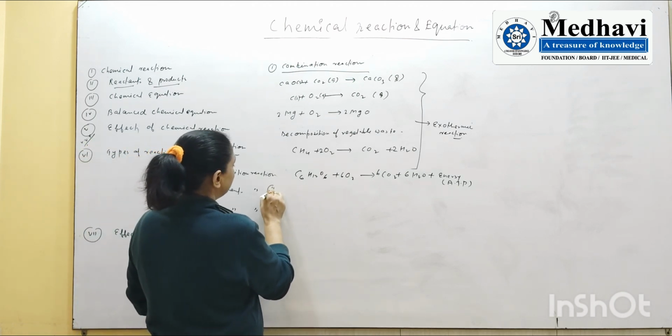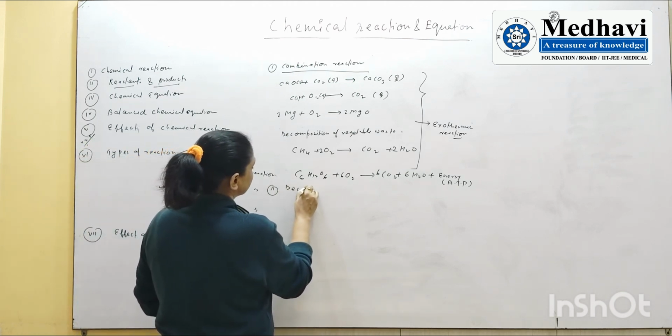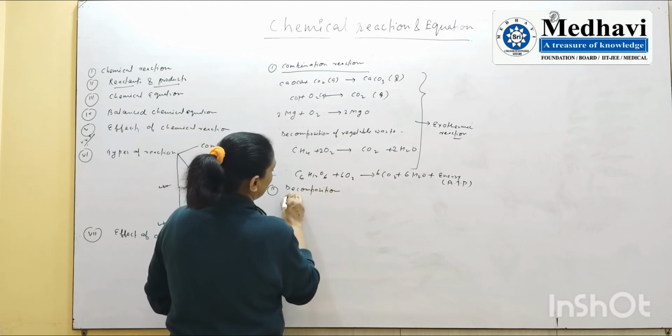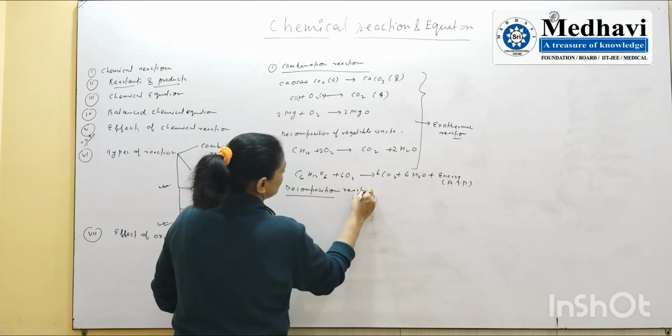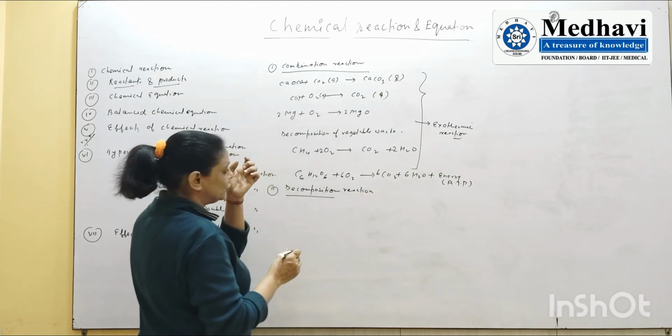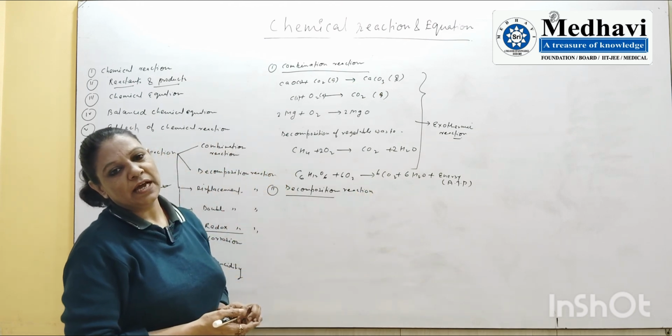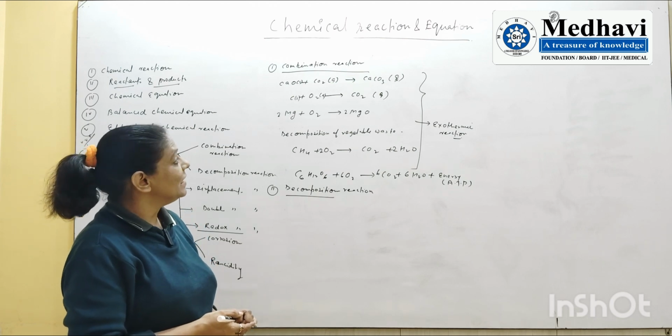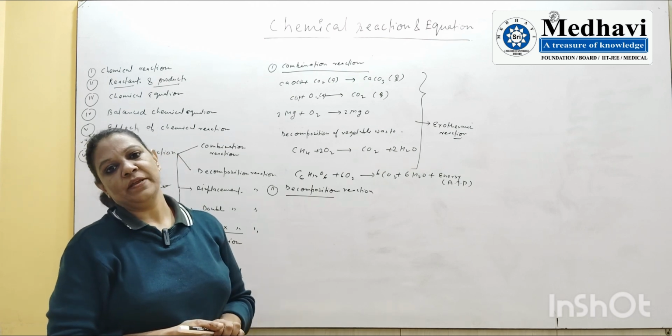Second example is decomposition reaction. Decomposition reaction is that type of reaction in which a reactant breaks to give two or more products. Decomposition reaction is opposite to combination reaction.